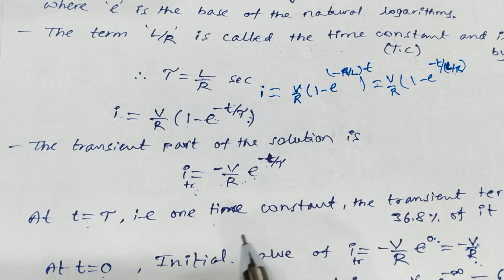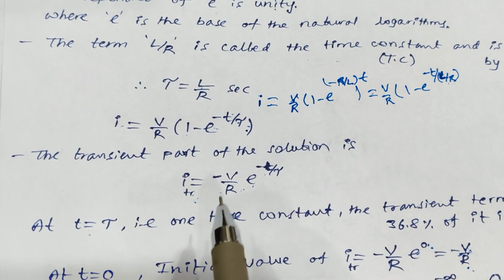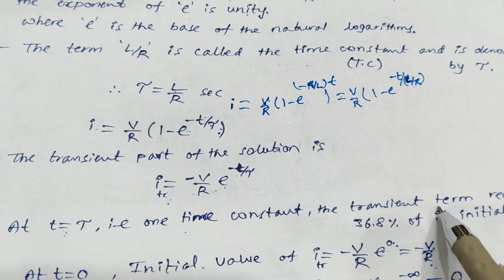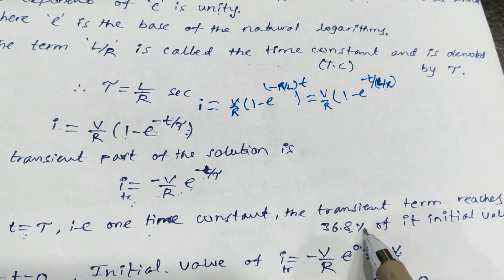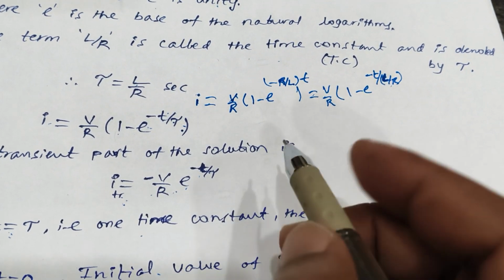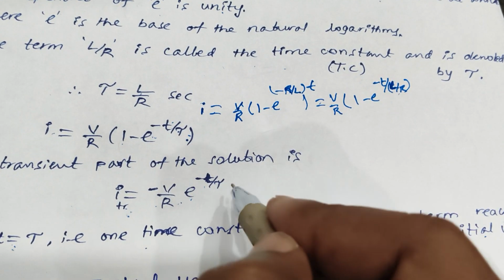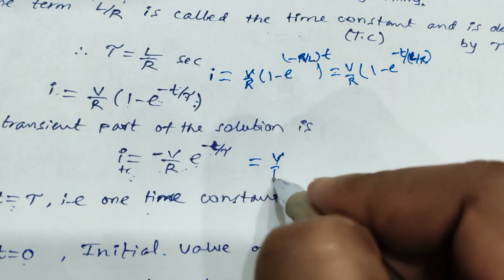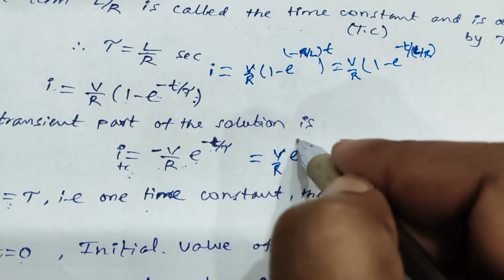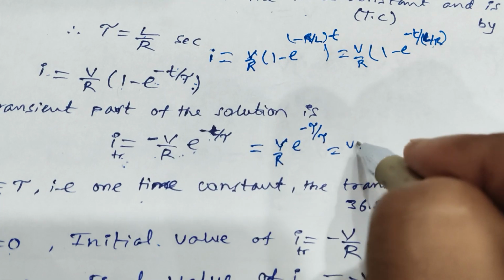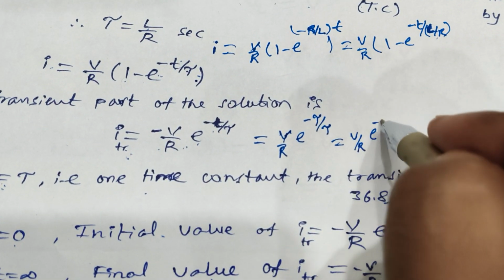And how can we define the time constant? At t is equal to 1 tau, the transient term reaches 36.8% of its initial value. How does it reach 36.8%? By substituting, v by r into e power minus tau by tau, which is equal to v by r into e power minus 1.